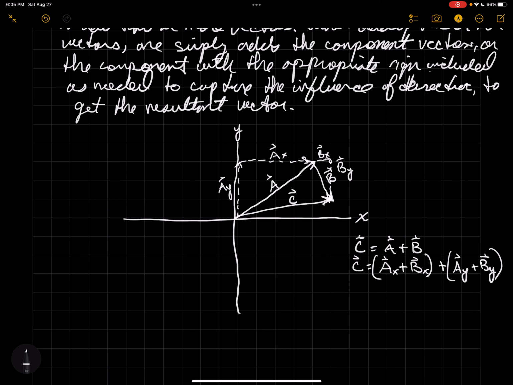I put parentheses around the two component vectors, AX and BX, and AY and BY, because it's between these two vectors, AX and BX, that you would actually do an arithmetic sum, or between the other two component vectors, AY and BY, okay? And so using this relationship, you then can very easily do vector addition.